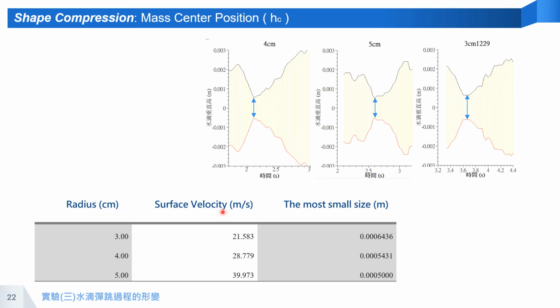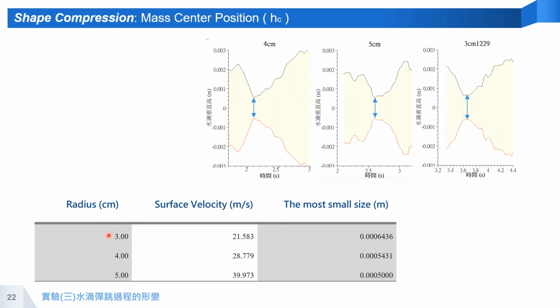This is the compression rate of the drop in different radius, from 3 cm radius to 5 cm radius. We measure the size of the water when it is smallest. So the size gets small and gets big again. We record this point, and the data is right here.